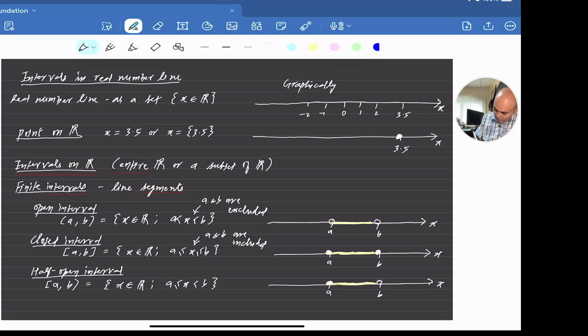Similarly, you can also have the other combination where you exclude A, include B. A is excluded, B is included in the set.